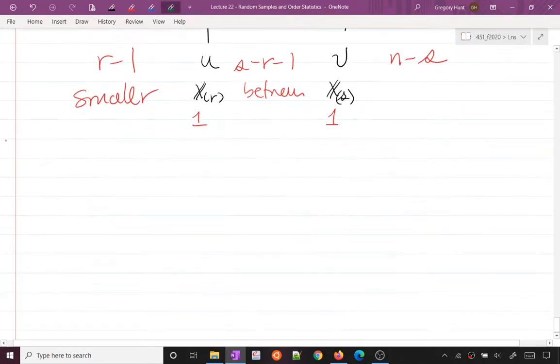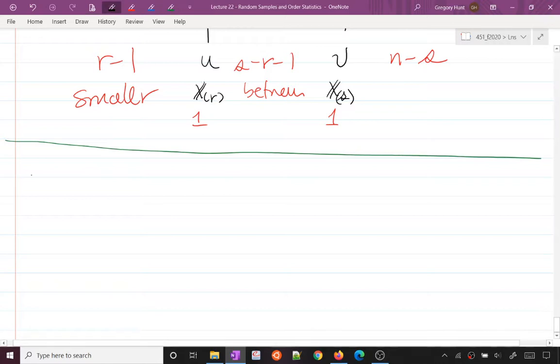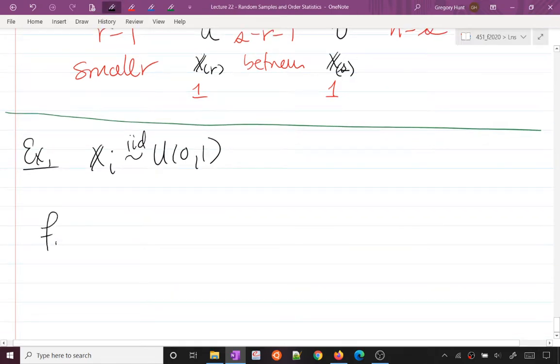So again, if we revisit our example, where our x sub i are IID uniform 0, 1, then in this case we get the joint between x_r and x_s at u and v to be, well, let's plug in the formula.